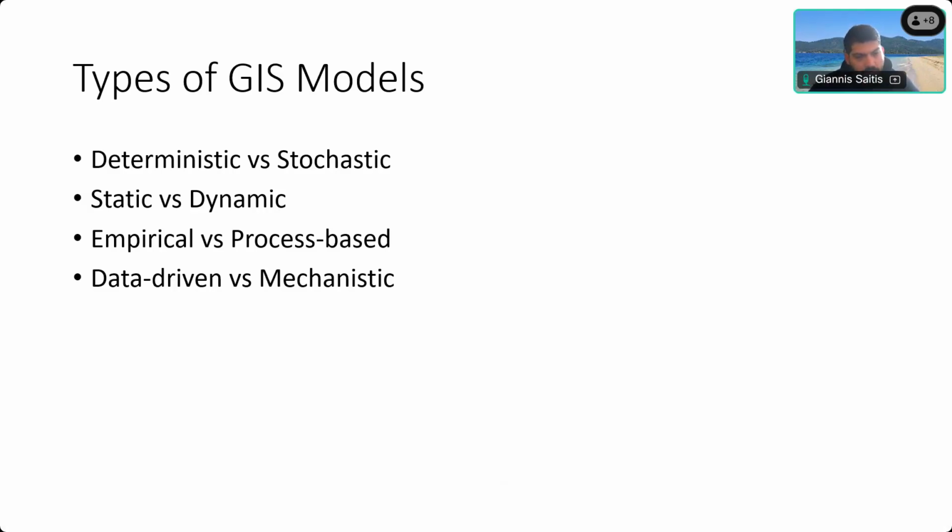So the weather is a dynamic model. It's first a stochastic one, because it works on statistics from the samples, the data sets you have from the past for a specific area.